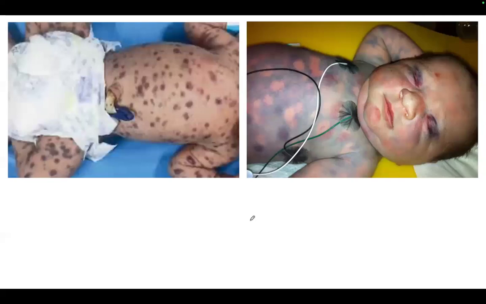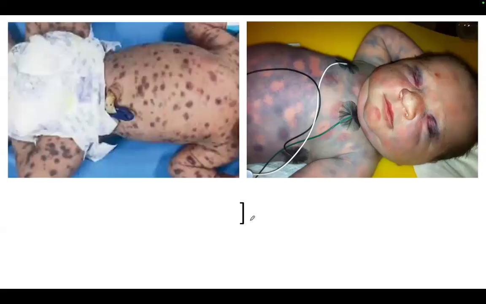Now, here is the classic blueberry muffin rash of neuroblastoma. What infectious neonatal syndrome also presents with a blueberry muffin rash? Very good. It is congenital rubella syndrome.